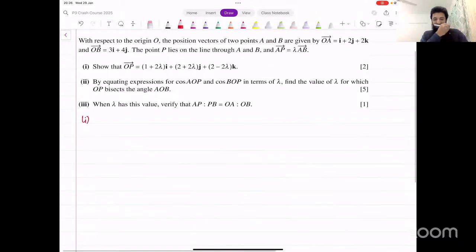It says, with respect to the origin O, the position vectors of 2 points A and B are given by OA and OB. The point P lies on the line through A and B, and AP is equal to lambda AB. Okay, so AP vector is lambda times AB vector. Show that OP equals this.